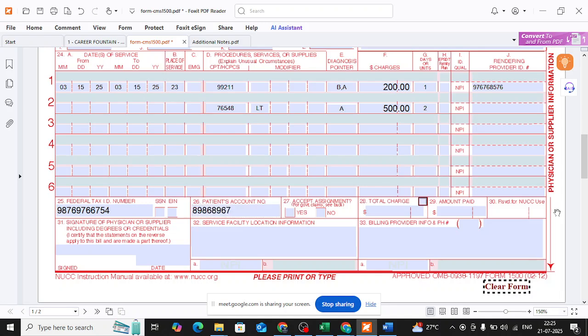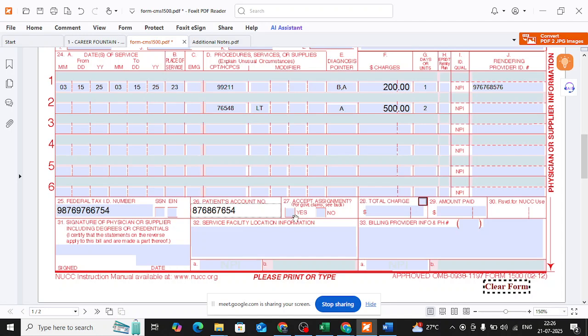Every insurance company also mentions this on the EOB, so this is very important. If you are missing this and we receive the EOB and we have three patients with the same name, how can we identify which patient's account to enter the information in? That's the reason the account number box is there.